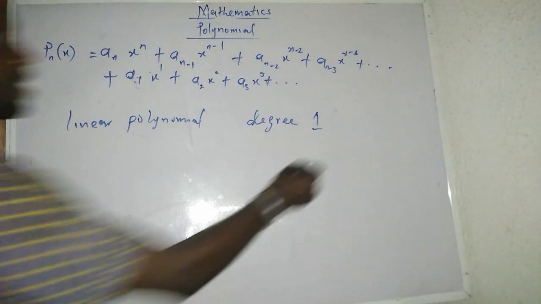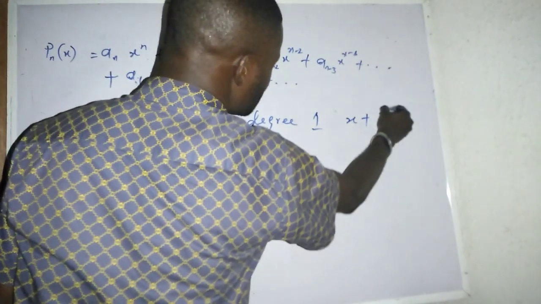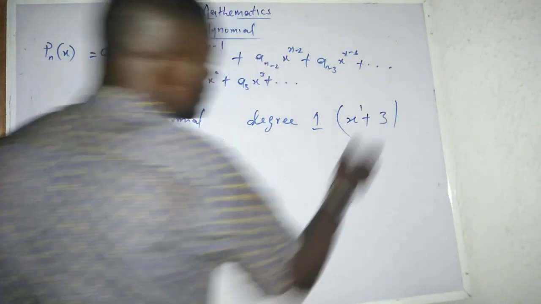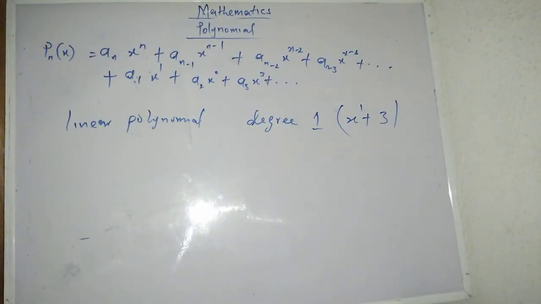For instance, if I have x plus 3, the highest degree here is 1, because my x is raised to the power 1.